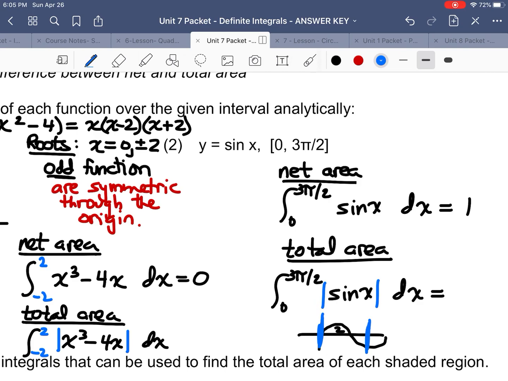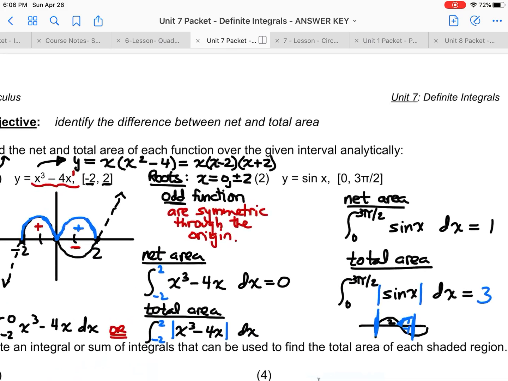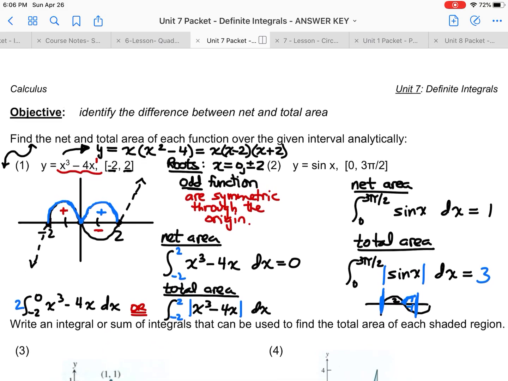We know that this is 2. And we're only going from here to here. So we're going to have 2 and then a -1 here. So 2 minus 1 is 1. But if that negative becomes positive, that -1 becomes a positive 1. 2 plus 1 would be equal to 3.